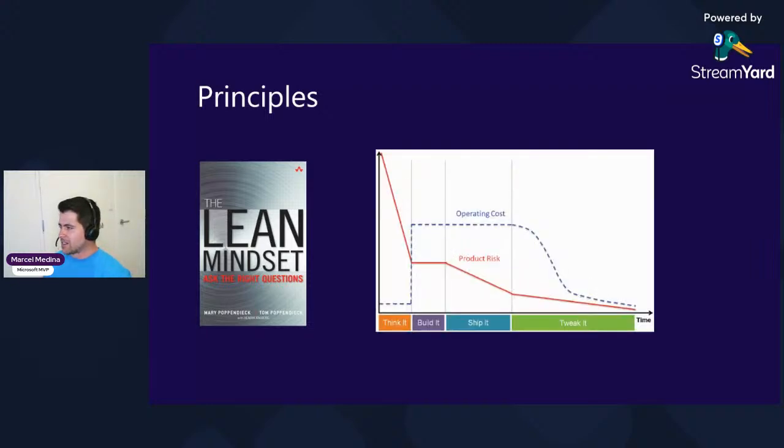Here we have this curve, just to give an idea of the whys, right? When you think, you have a cost, but when you get to build, you can see the operational cost goes high. So you're building, then shipping, you're still not earning. When you ship, that's when you bring it to customers.